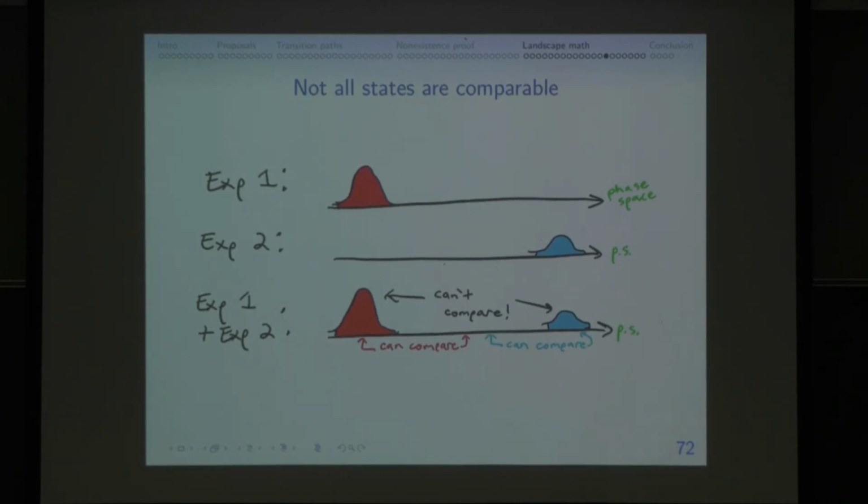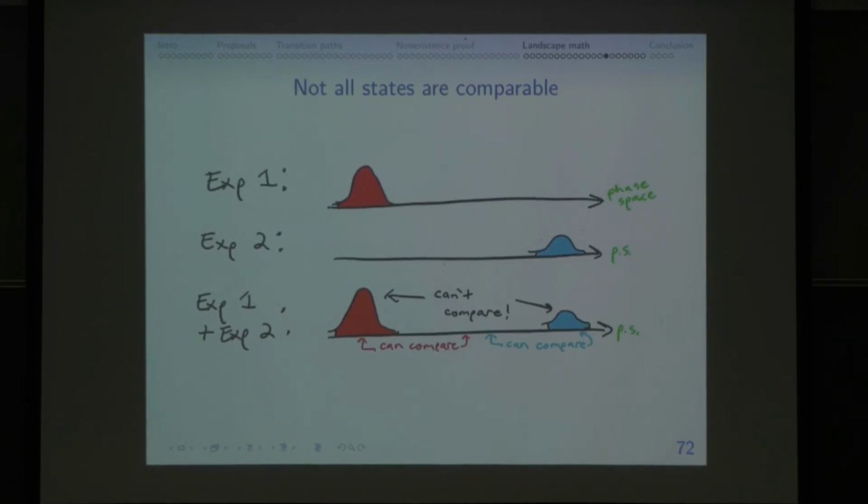And even though, since these are completely separate experiments and I have no way to compare them, this still tells me some useful information. It still tells me cells are most likely to be over here or over there, even though I don't know which one is more likely.